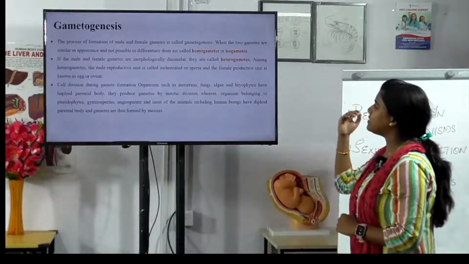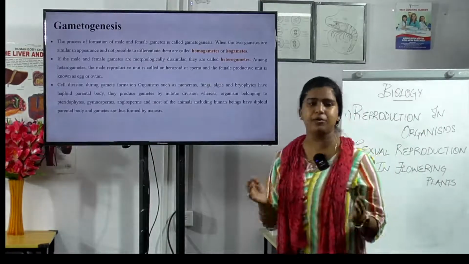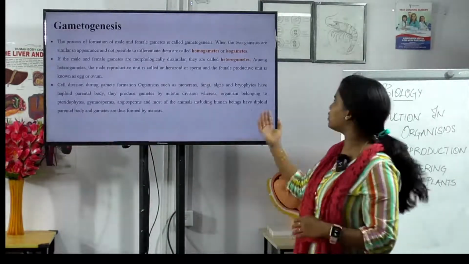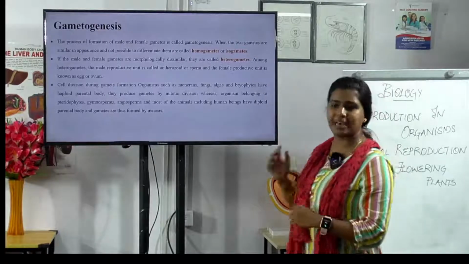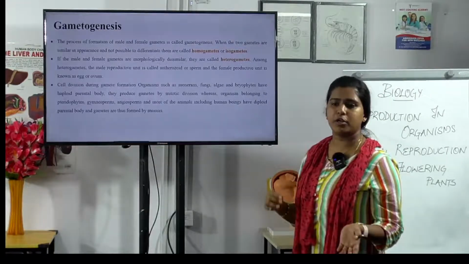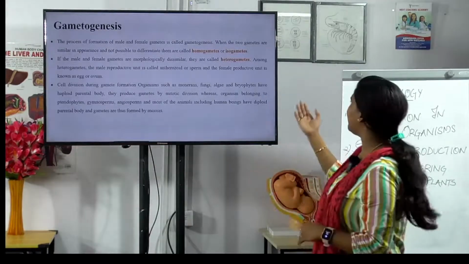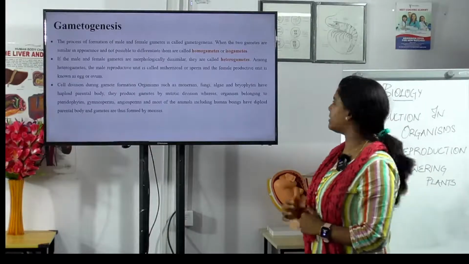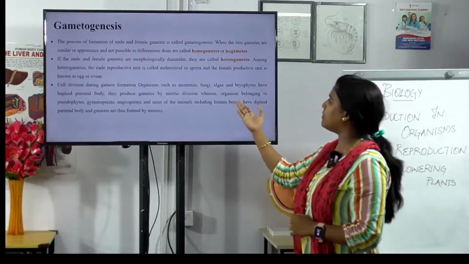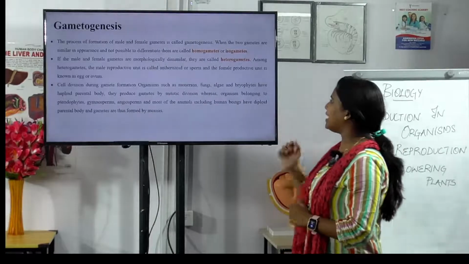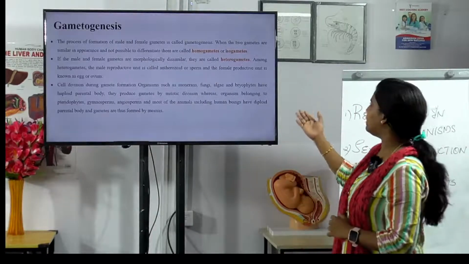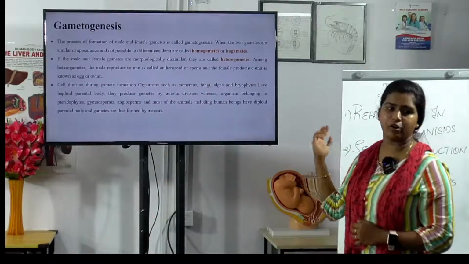When two gametes are similar in appearance and we cannot differentiate which is male and female, they are called homogametes or isogametes. If we can distinguish female from male, they are called heterogametes. Among heterogametes, the male unit is called antherozoid or sperm, and the female unit is called egg or ovum.